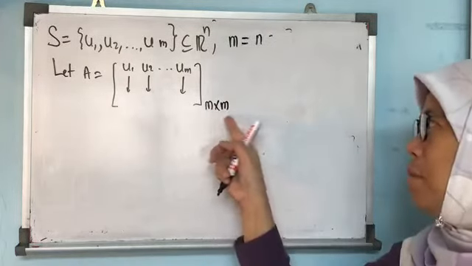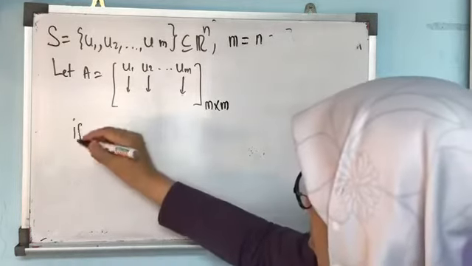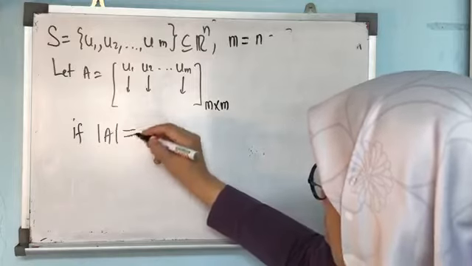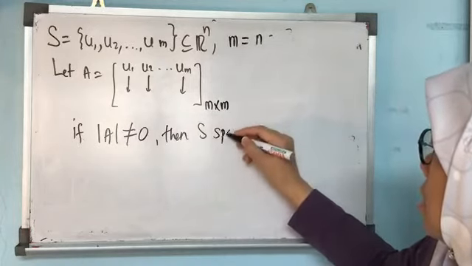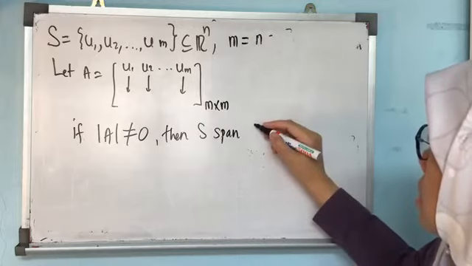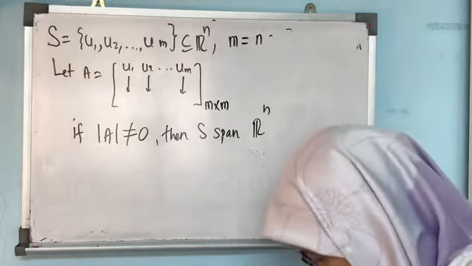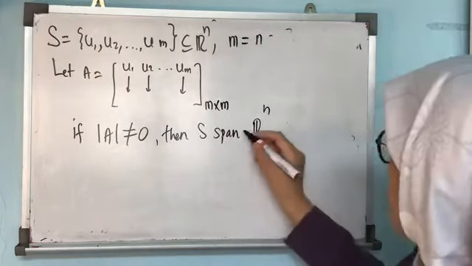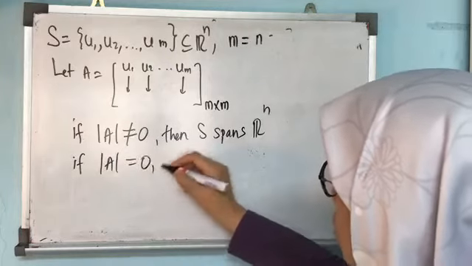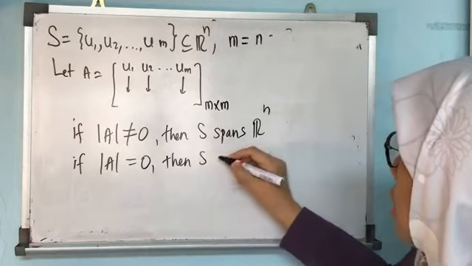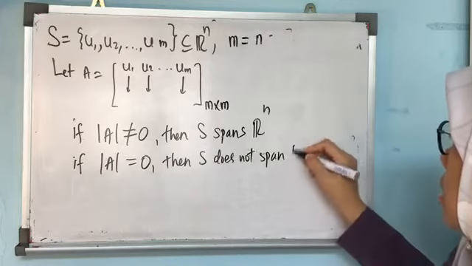Either you call it M by M or N by N. If the determinant of A is not 0, then S spans Rn. If the determinant is 0, then S does not span Rn.